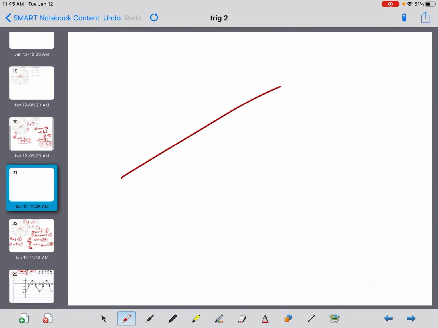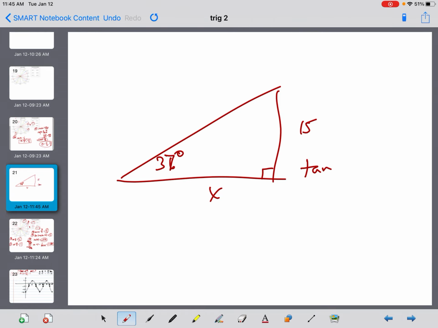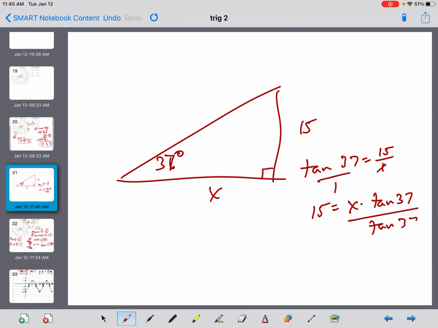And number 28, a little bit of tangent problem here. We know this is 37 degrees. This is x, this is 15, so we're going to say tan 37, got a right angle here, is equal to opposite over adjacent. So I'm going to cross multiply. 15 is equal to x times tan 37. So I'm going to divide both sides by tan 37. I got to type that into my calculator.